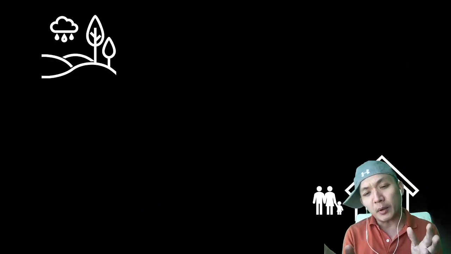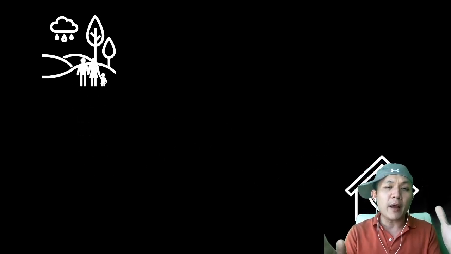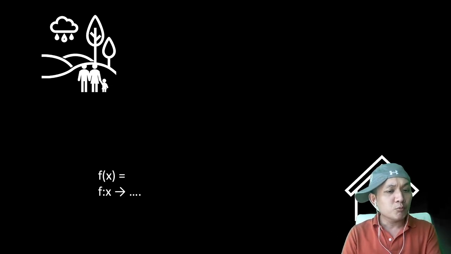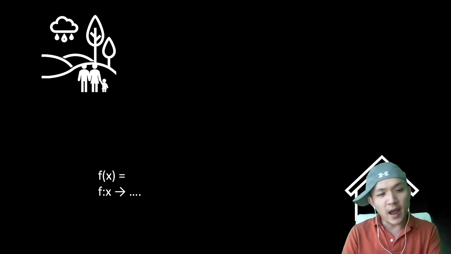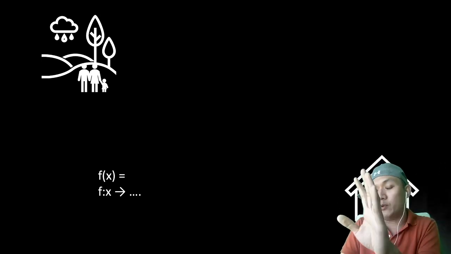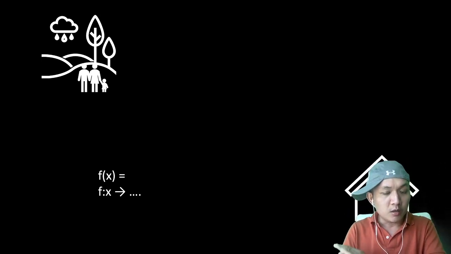Now, today we want to talk about inverse function. Before that, we need to get into knowing roughly what it is all about. A normal function can be described as how you get from your home to the park, which is f(x), or f with an arrow from x.